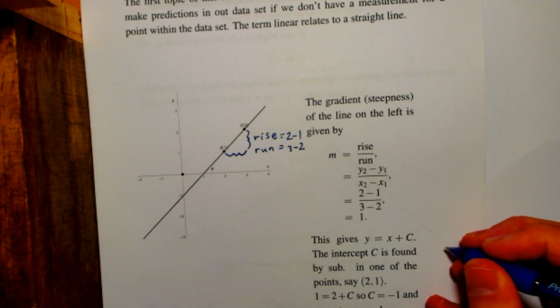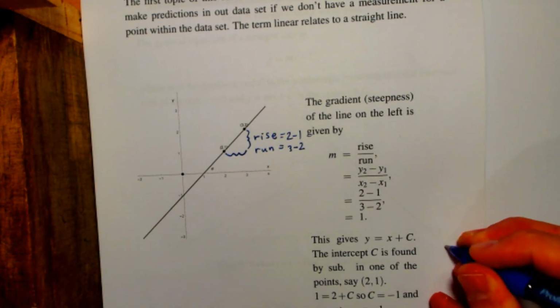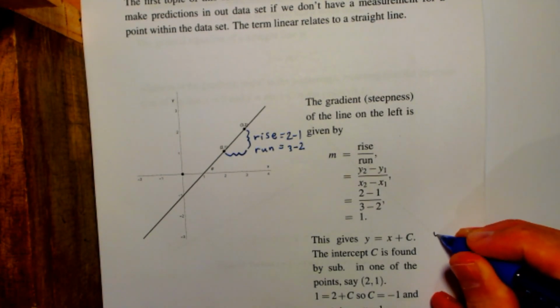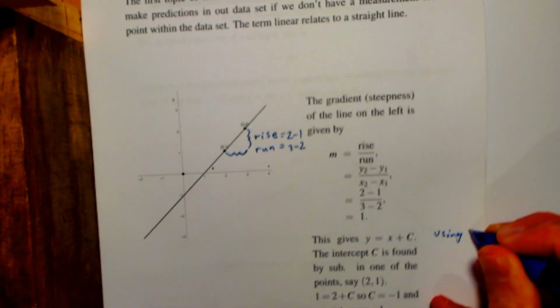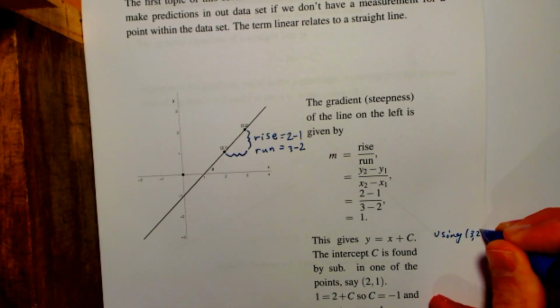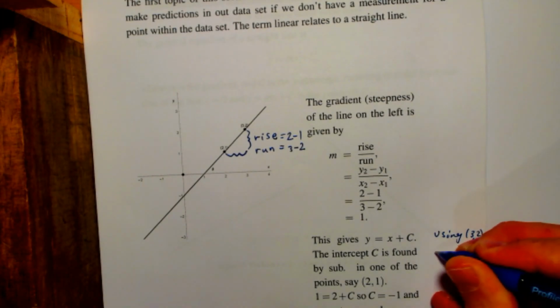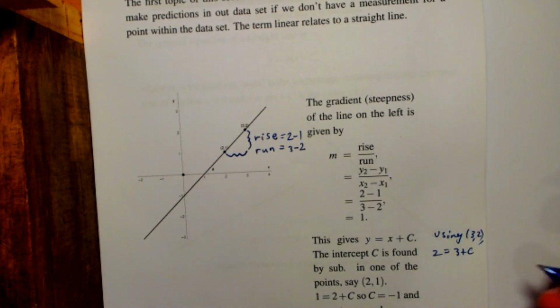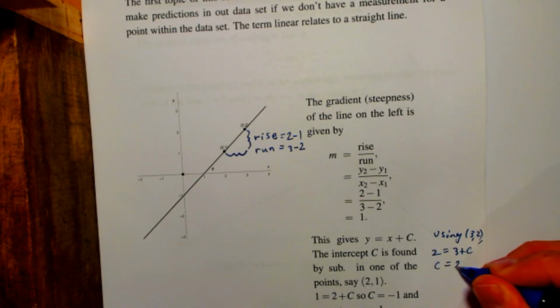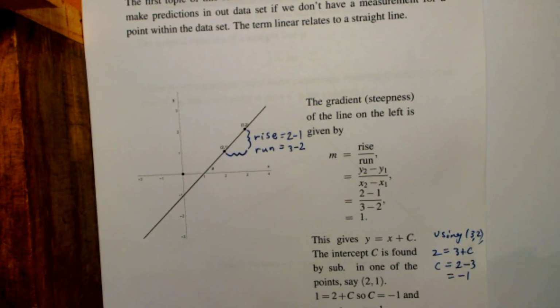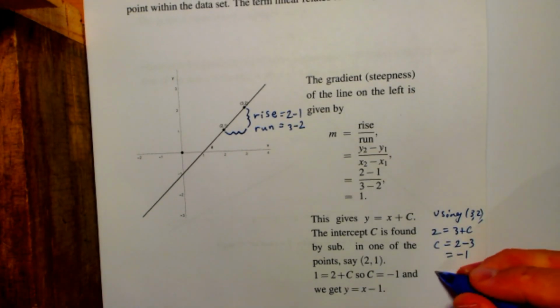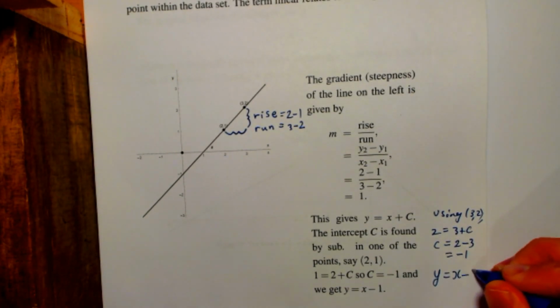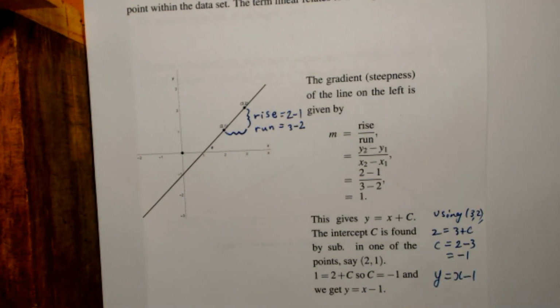Alternatively, we could take the other point, (3, 2), and we would have 2 is equal to 3 plus c, and again, c is minus 1. Which gives us y equals x minus 1, just as we got using the other point.